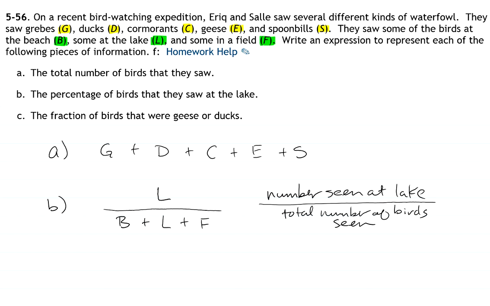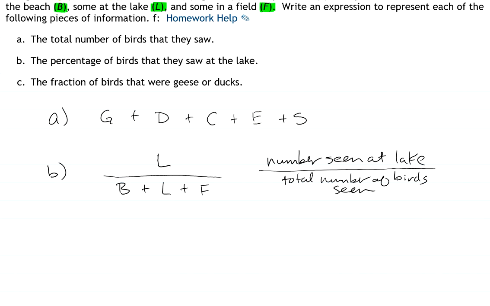The last question is, what fraction of the birds were geese or ducks? Well, again, the total number of birds can be represented two ways. We just decided in B, this is one way to show the total number of birds.